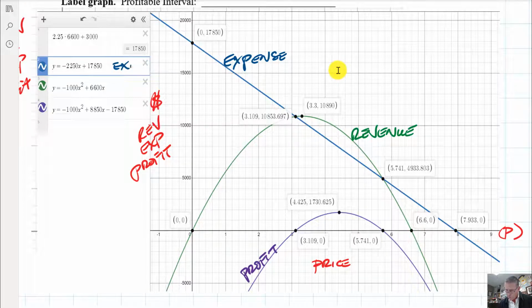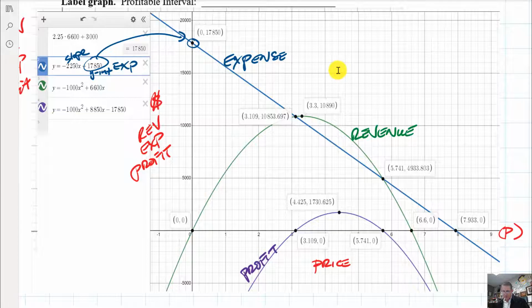It has a y-intercept, and this is called a slope. Notice that the y-intercept of 17,850 matches Desmos. And the slope is negative 2250. So we're looking good there.